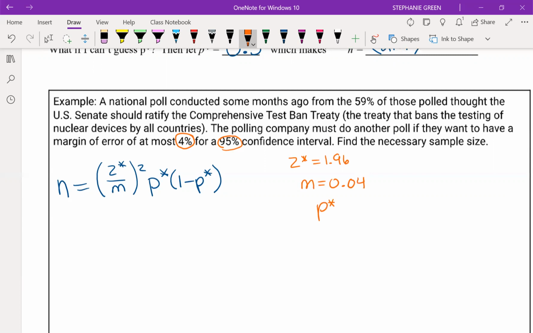Well, based on a previous poll, the proportion was 59%. So a good guess here would be to guess the proportion is unchanged and therefore it is still 59% or 0.59. So let's plug all that in and see what we get for N, our sample size.